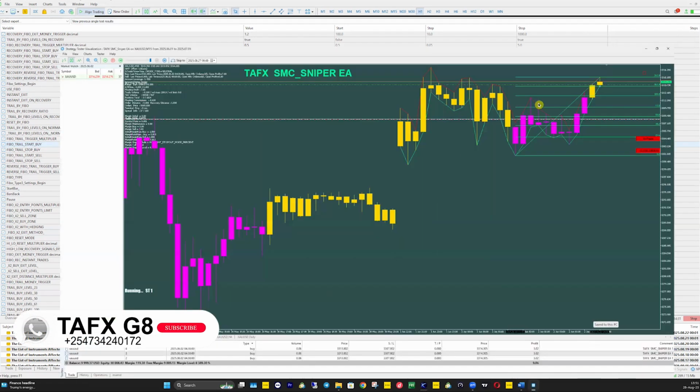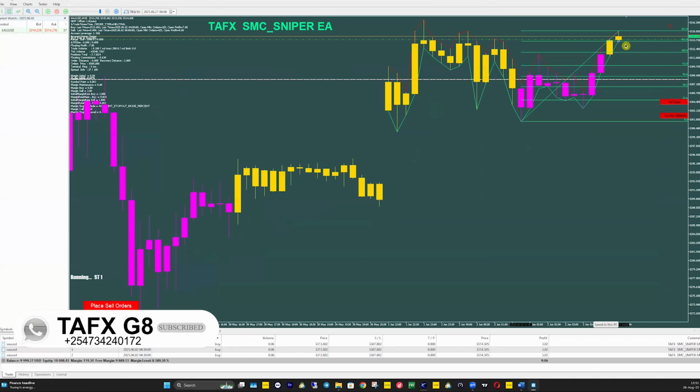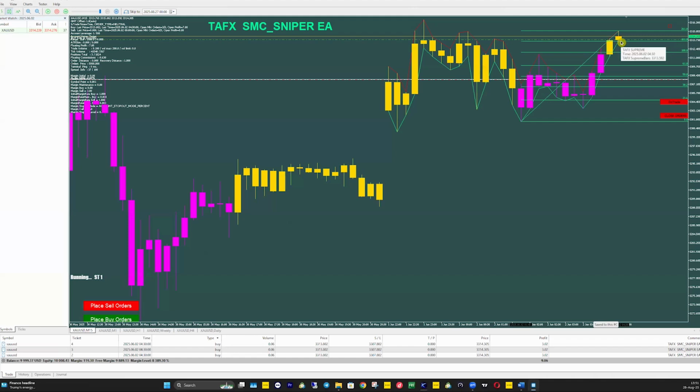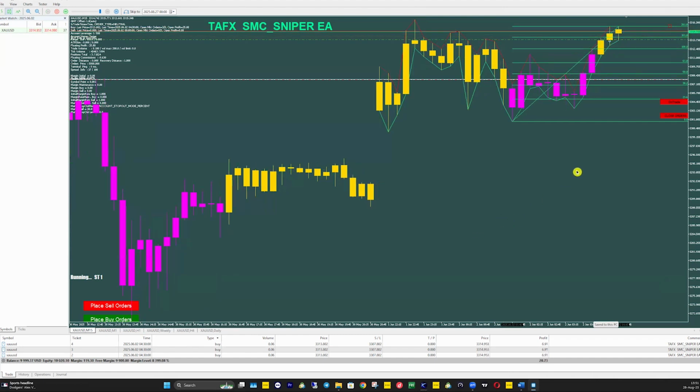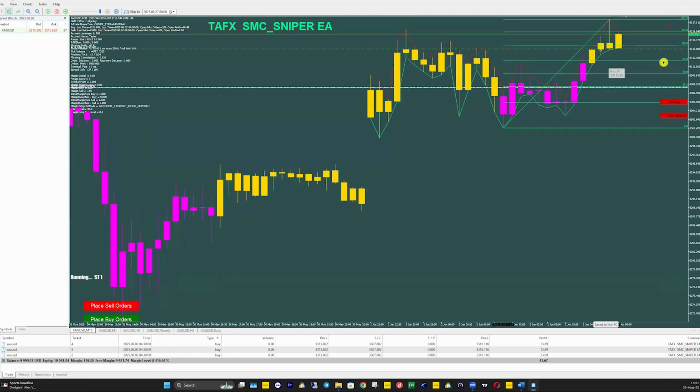If we jump here, we'll find that this means when level 61 closes our entry point, the trailing stop or the stop loss will be brought to level 61. Let's do that so that you can understand. We are going step by step. The market is going up. Level 61 is almost closing our entry point.